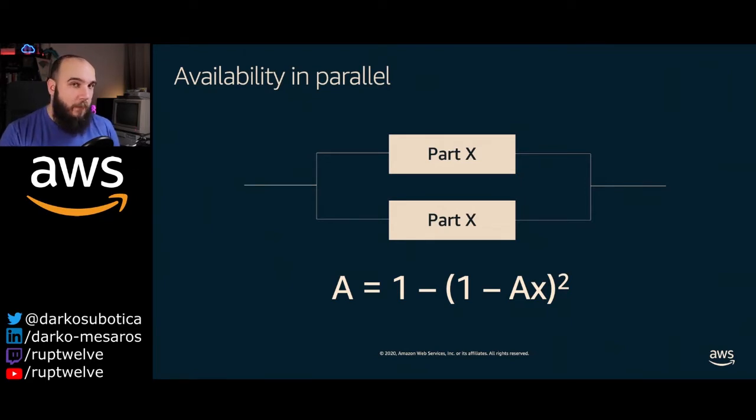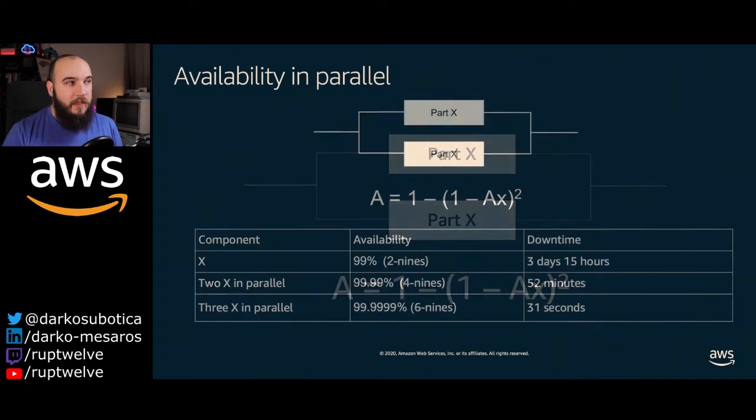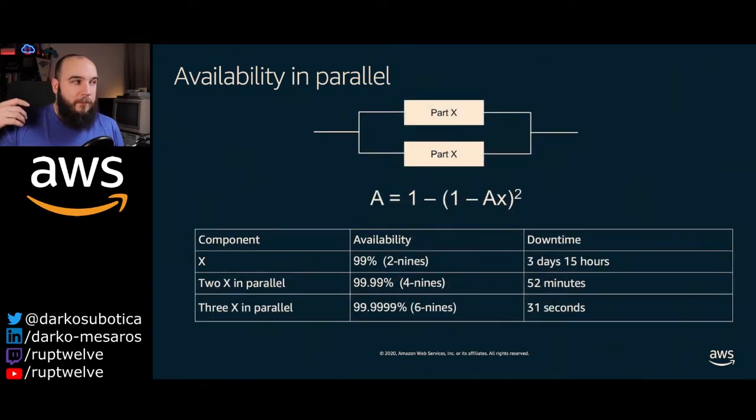If we add another part X in parallel to this, and according to this lovely function here, we actually get 99.99 availability. Hence, it looks something like this. So by actually having 2 X's in parallel, we have it 99.99. Having 3 gives us 6 nines. So the more things we add in parallel, the more availability we have.